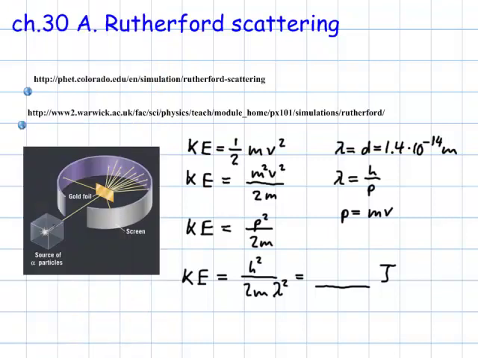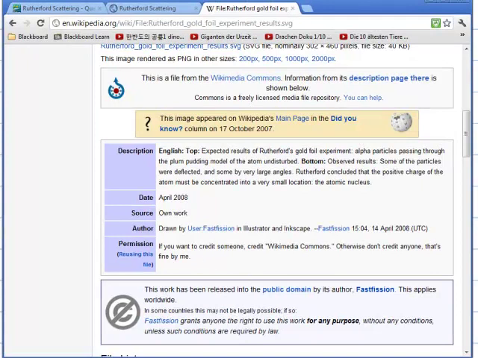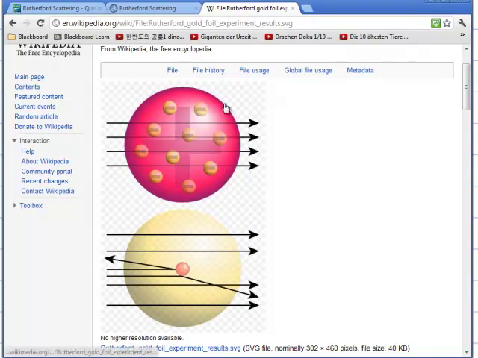Okay, one more thing here, just to show, the copyright free image. Here we have this plum pudding model, we have the atom with the electrons throughout, and then kind of like a blob of positive charge, and the particle should just go through because the negative charges and the positive charges neutralize each other.